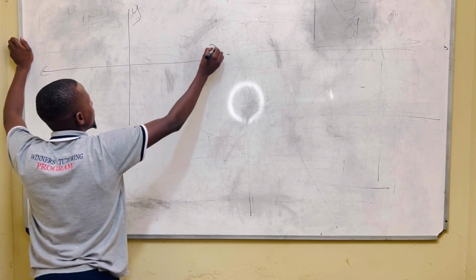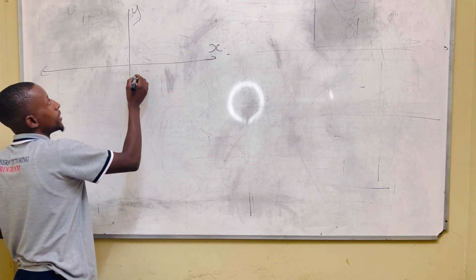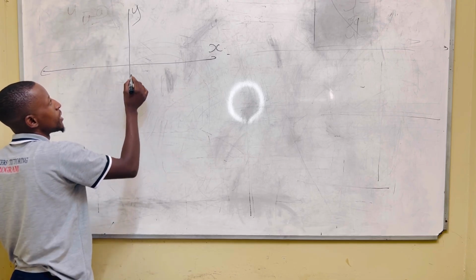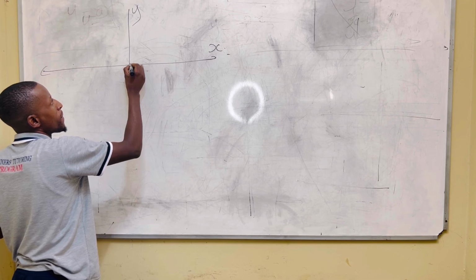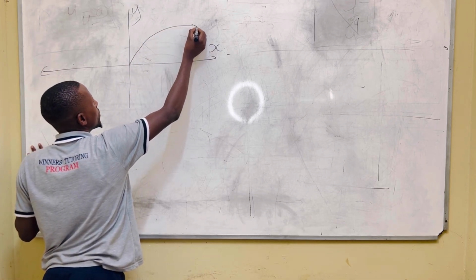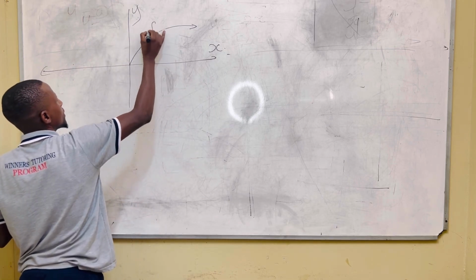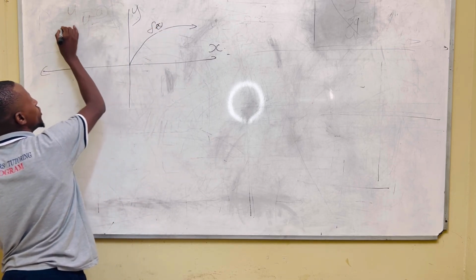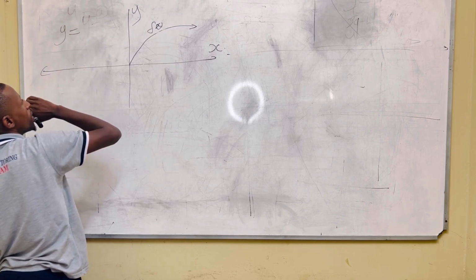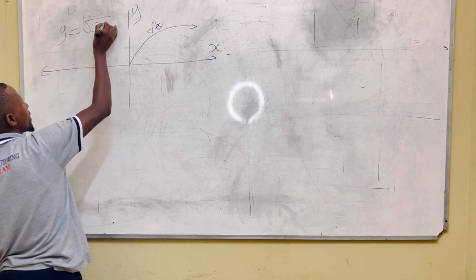This is y, this is x. Remember, now they are giving you something in this way. They say it's f of x, and its equation is given by y equals the root of x.